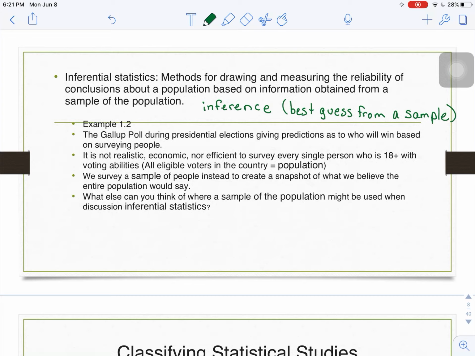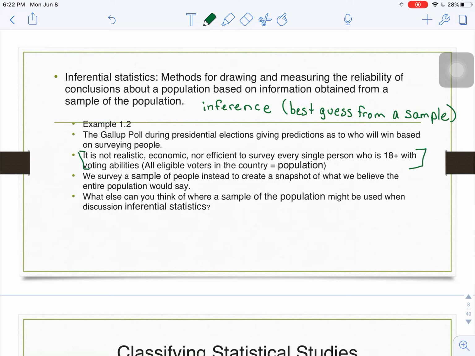Typically, that's collected from a sample. So when we're talking about the Gallup polls, anytime you look at a Gallup poll talking about the presidential candidates, that's going to be inferential statistics because we're making an inference based on how people are reporting they're planning on voting.